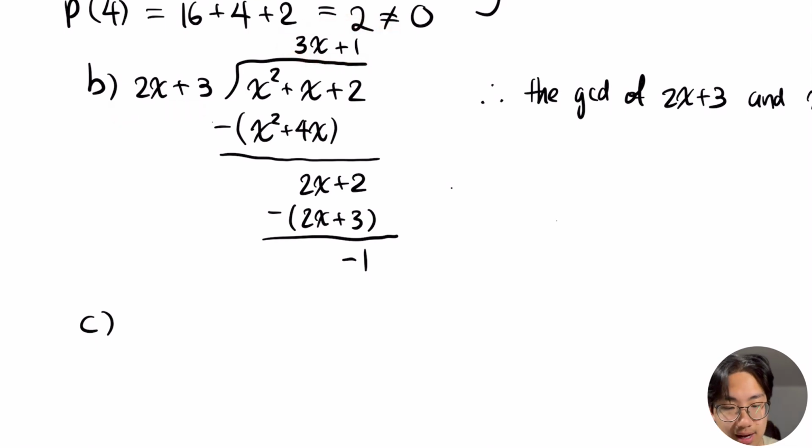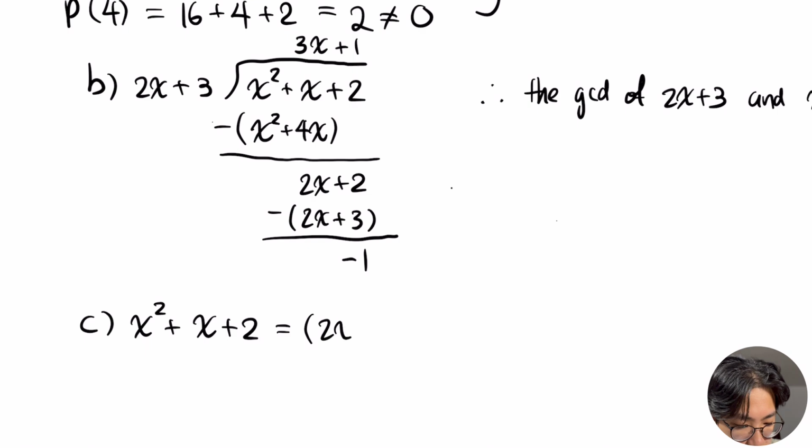So we can first rewrite that. We have our dividend, x squared plus x plus 2. This is equal to 2x plus 3 times 3x plus 1, and then plus negative 1, so just minus 1. And of course, we can now rearrange this so that we get the sum of some terms is equal to 1.